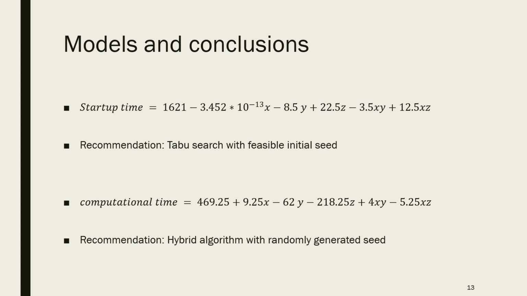With the experiments run, the following models were generated. As it seeks to minimize the result of both models, the following conclusions were reached. For the startup time, the independent effect of the seed is minimal.